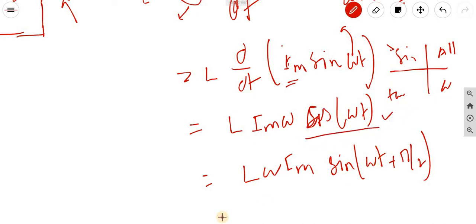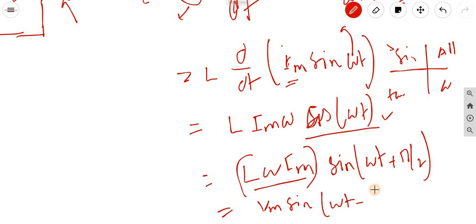Clear? So we can consider this equation as Vm sin omega t plus pi by 2.